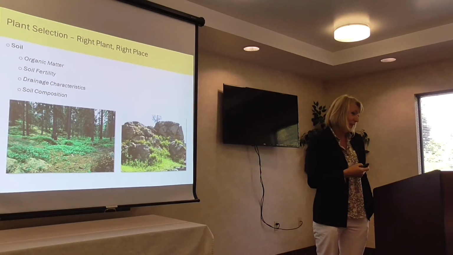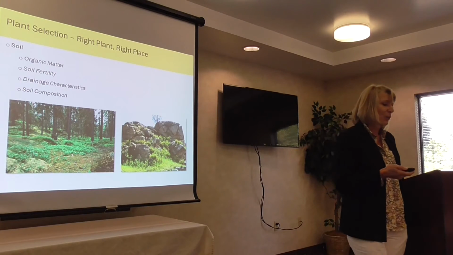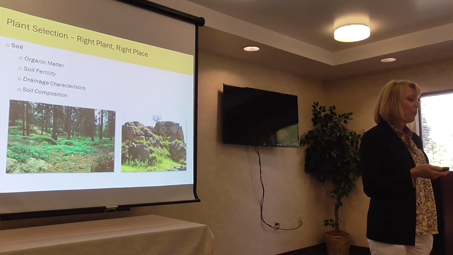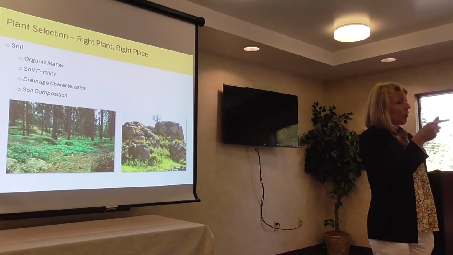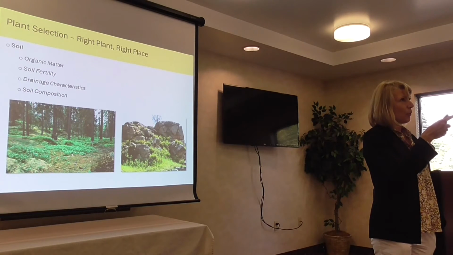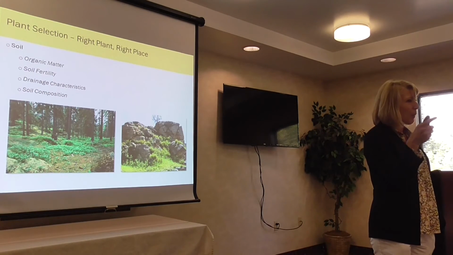So right plant, right place, I think we've beaten this one pretty good, but the organic matter and soil fertility, what kind of drainage and soil composition, that's all relative to those planting strategies that I was talking about.